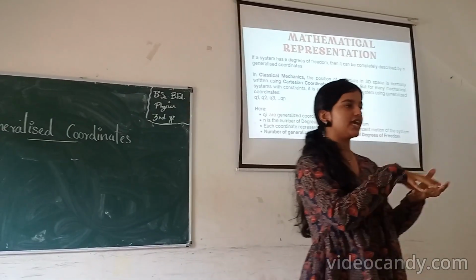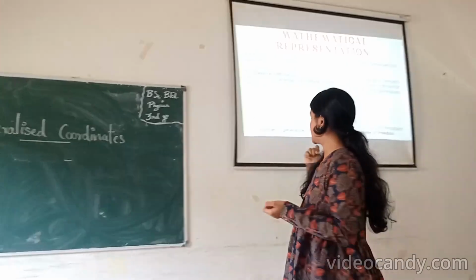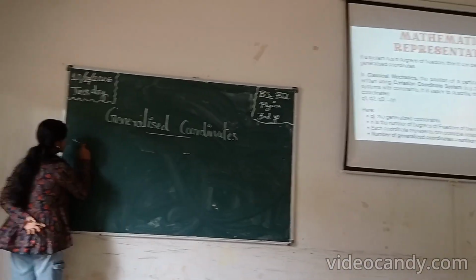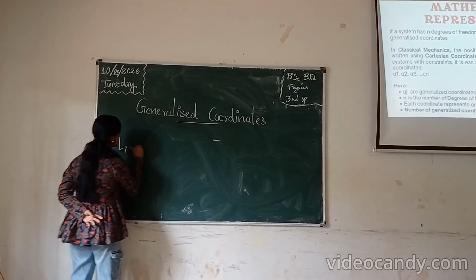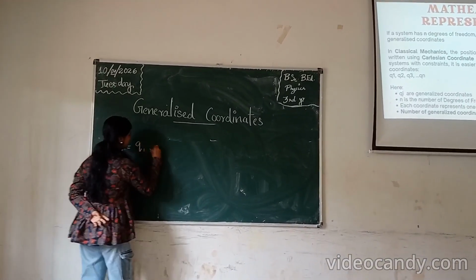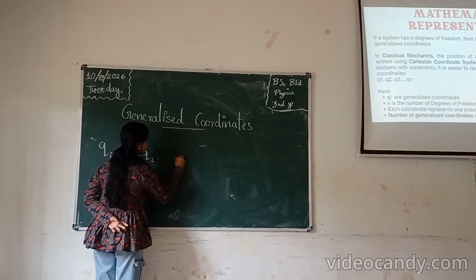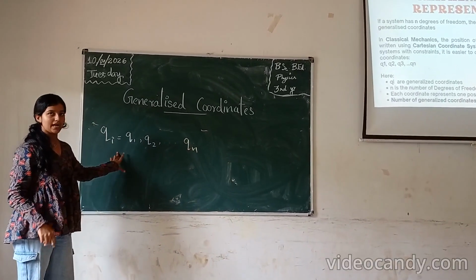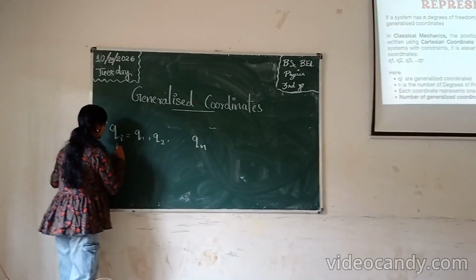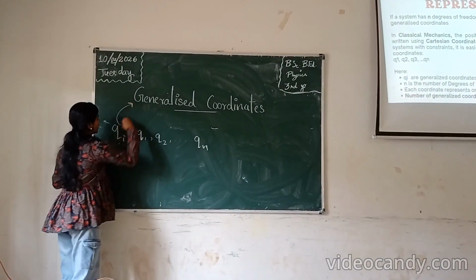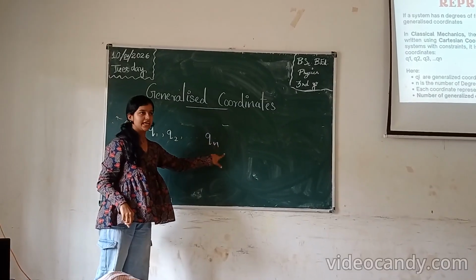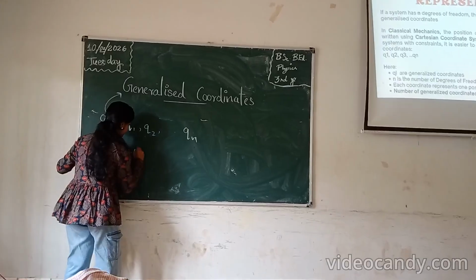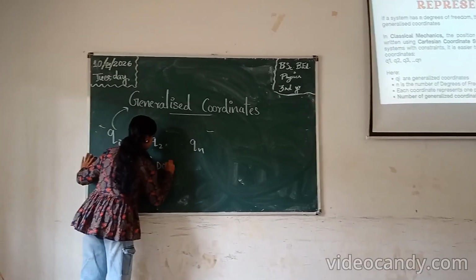And by taking the constraints into account, we can write the generalized coordinates as qi equal to q1, q2, q3 up to qn, where the qi terms are known as generalized coordinates, and n is the number of degrees of freedom.